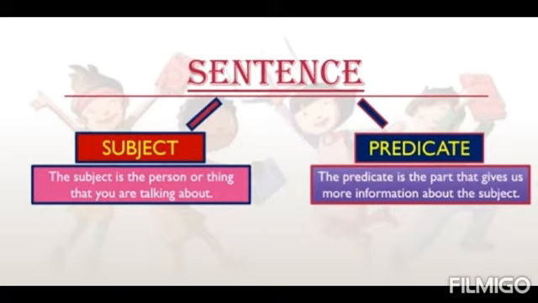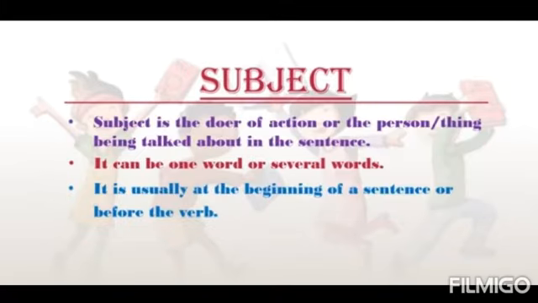The subject is the person or thing that you are talking about, and the predicate is the part that gives us more information about the subject. What is subject? Subject is the doer of action or the person or the thing being talked about in a sentence.